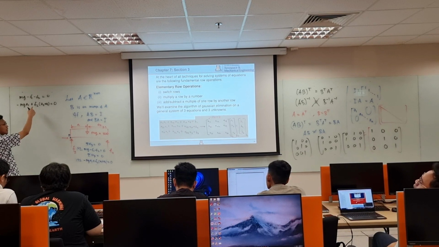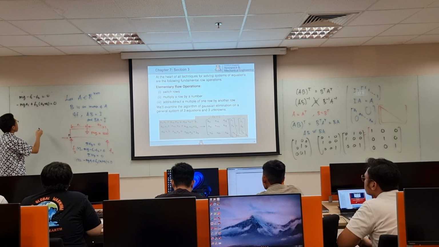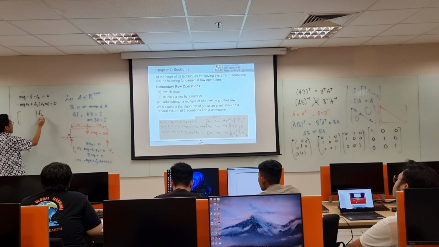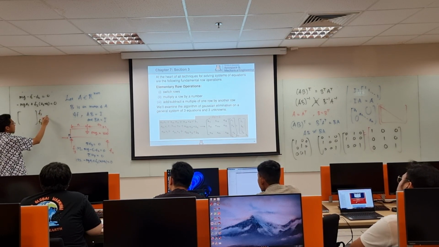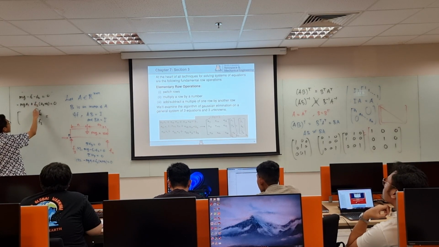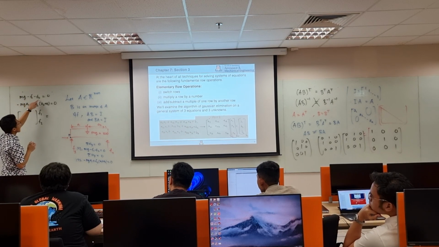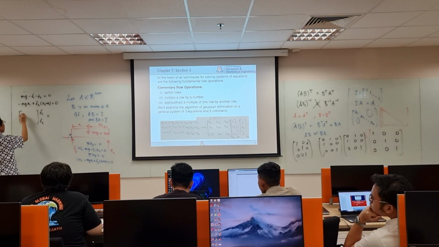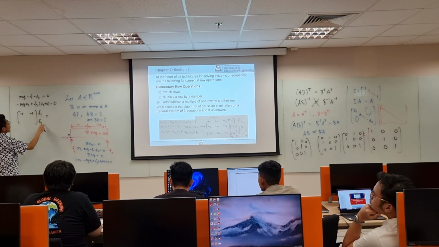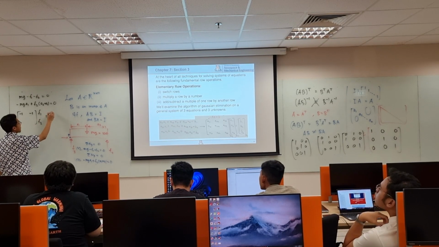And so if we write this in a matrix format, how do we get it? You put the variables, the unknowns, here. Then this will be the constants that you multiply with f1 and f2. The first equation, mg minus f1 minus f2 equal to 0. So we have minus 1 times f1, minus 1 times f2 equal to minus mg.